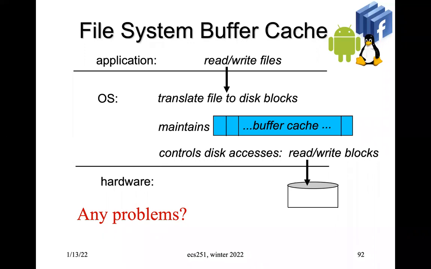Now you have an inconsistency problem until you synchronize, until you write it back to the hard disk, and make sure you write back in a way that is consistent, such that your hard disk and your memory are exactly the same.